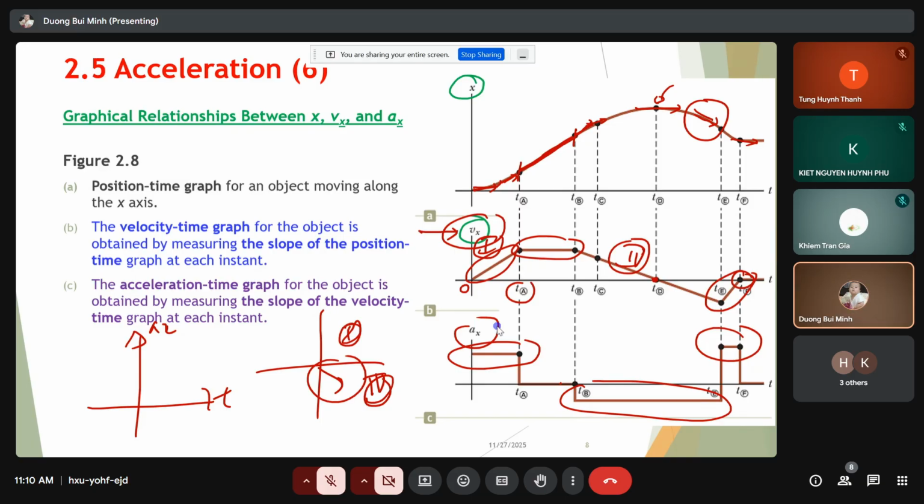Because Ax is the slope of Vx. Over here, the slope of Vx is constant, right?